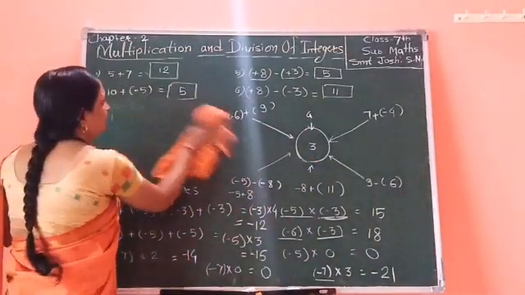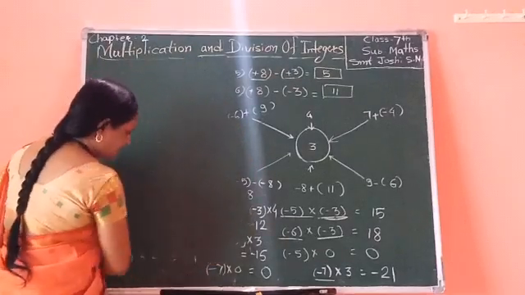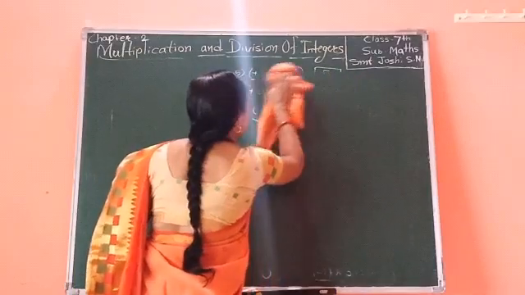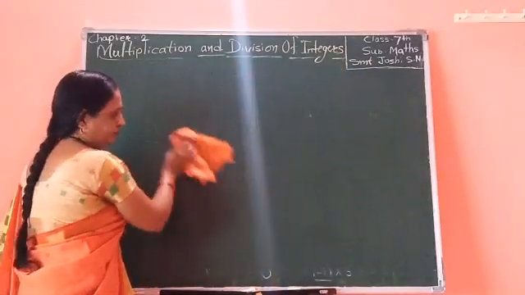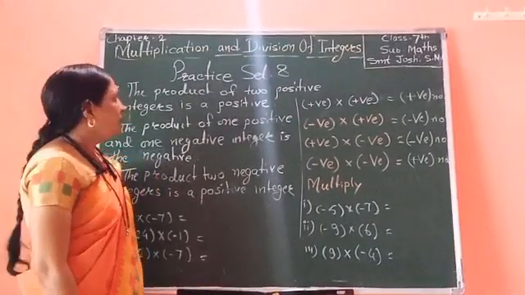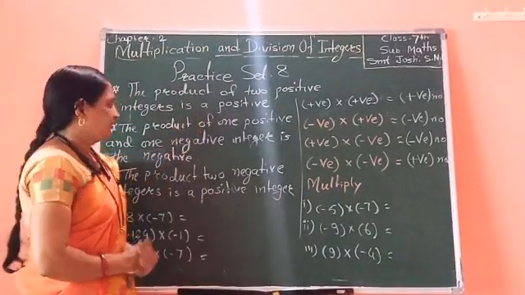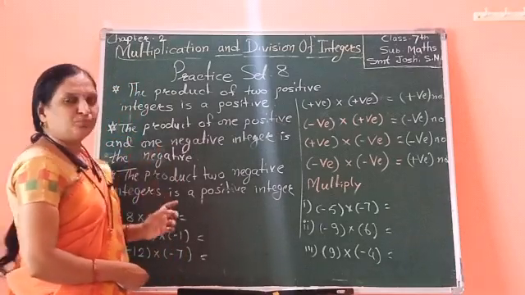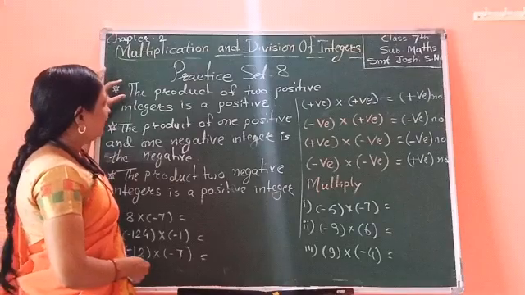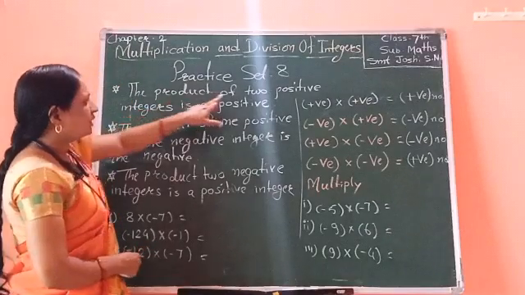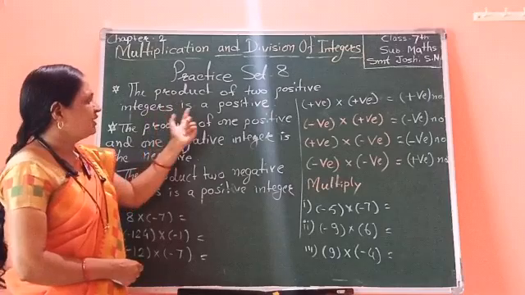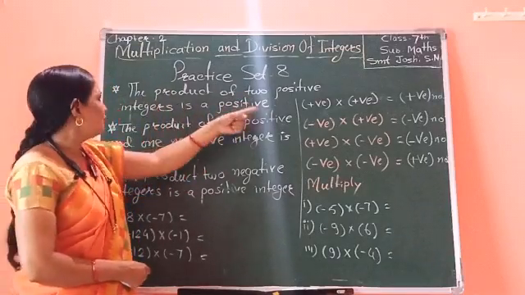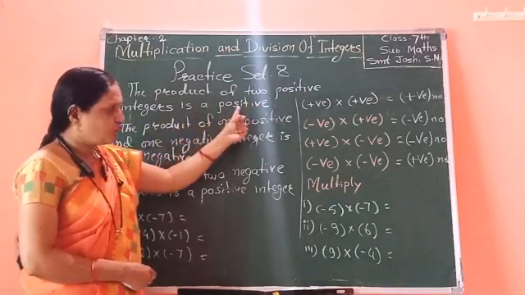We see some examples in practice set 8. Before solving practice set 8, remember these points. In multiplication, the product of two positive integers is positive.